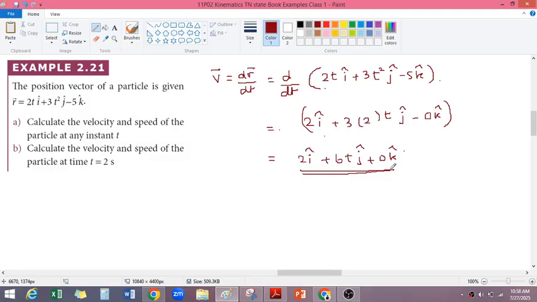So this is a velocity vector, speed is the magnitude of this. So that means speed is equal to magnitude of the velocity vector. So that means 2 square plus 6t the whole square, plus 0 square.